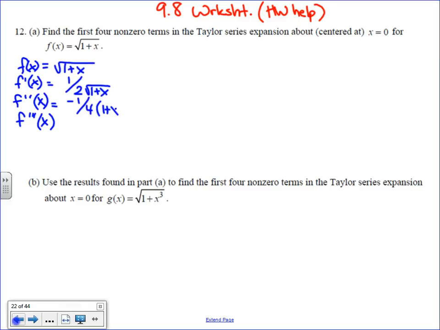I already did this, so I'm just doing it fast because I know you can take derivatives. Those are derivatives. I know how to find Taylor series, right?